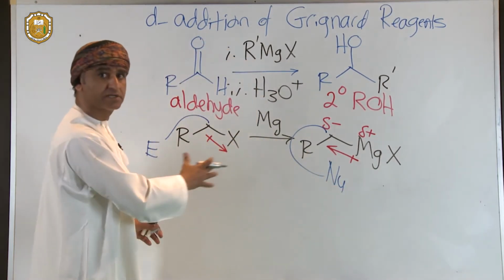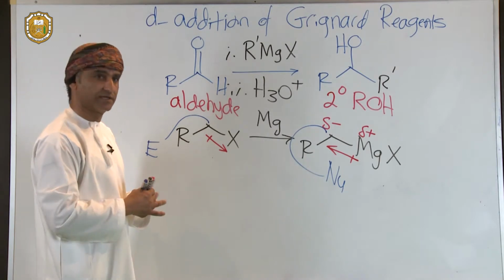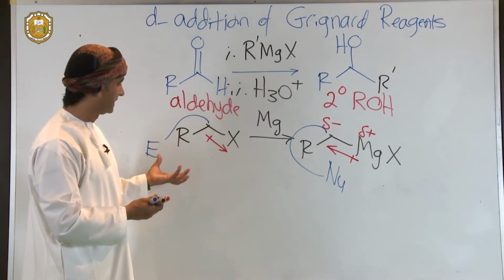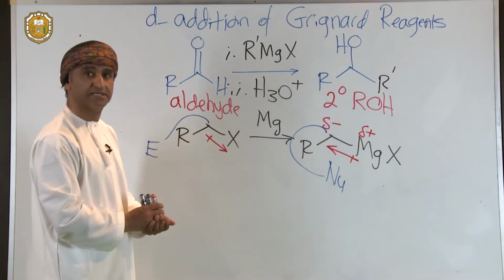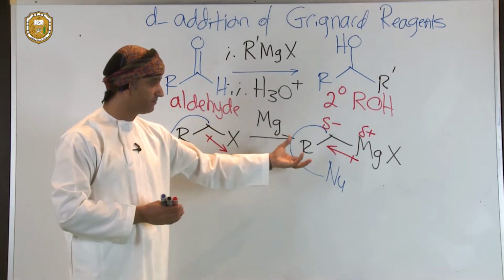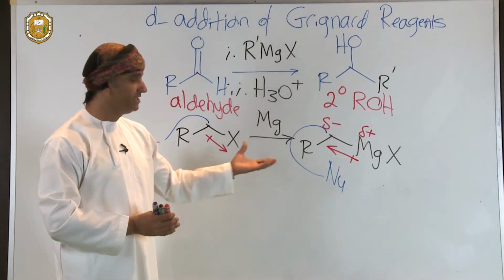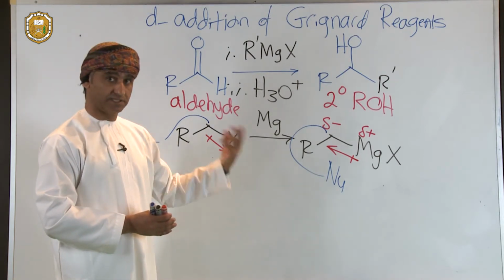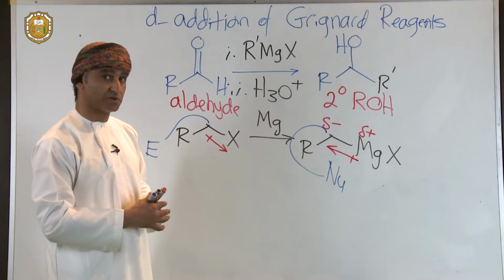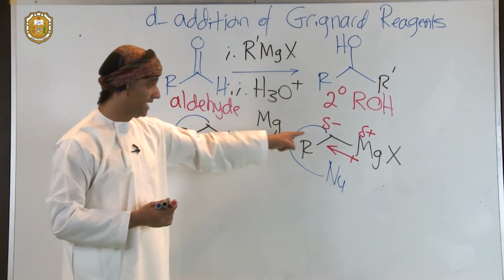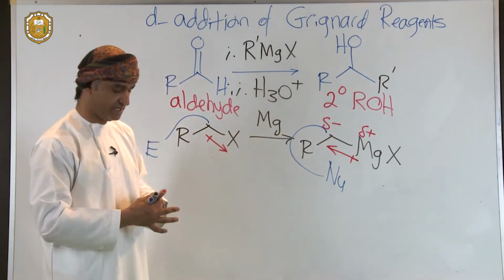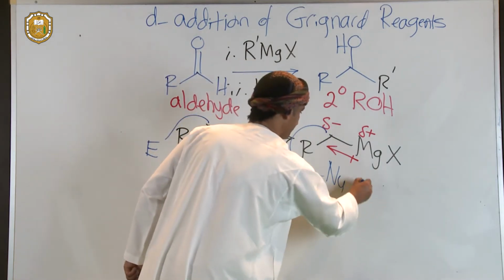And this is a remarkable shift in reactivity, if you like. Alkyl halides are electrophilic, and if you do this reaction with magnesium, now that carbon in the Grignard becomes nucleophilic. Not only is it nucleophilic, but it is also basic. So Grignards are nucleophilic at the carbon bonded to magnesium, and they are also basic.